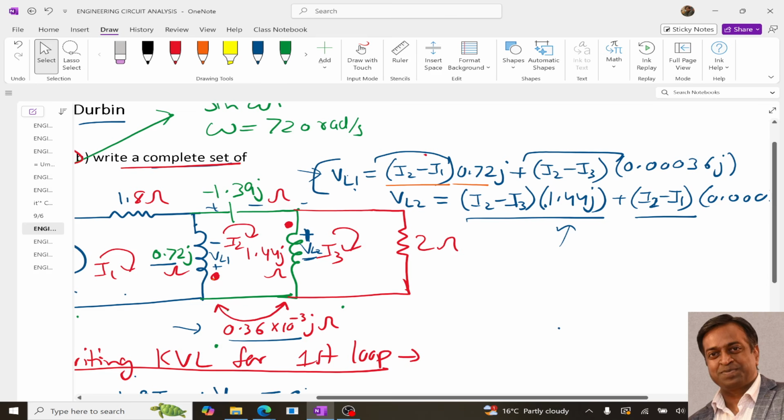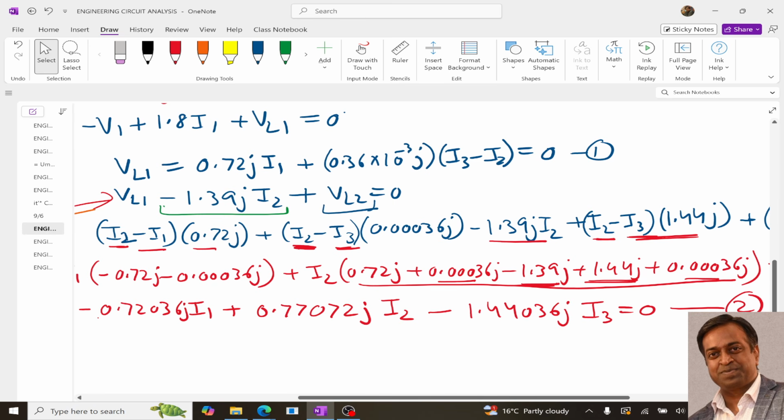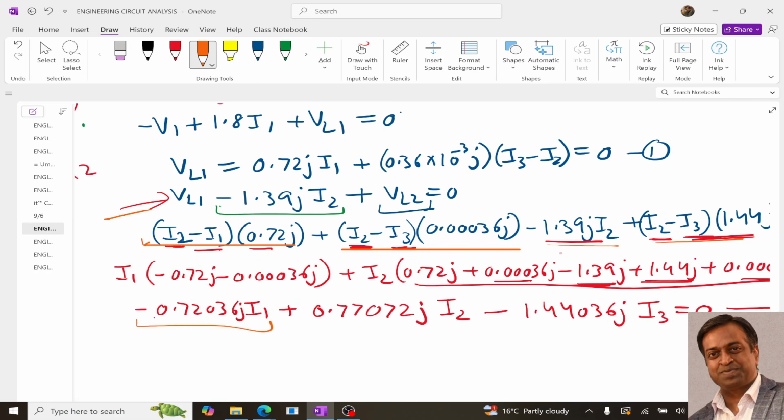Okay, and then substituting these values over here, we have this expression, it is okay. Then I2 minus I3, this is okay, and this is okay, right. So we get this term, it is okay. Then this one is 0.72, then 0.036, okay.